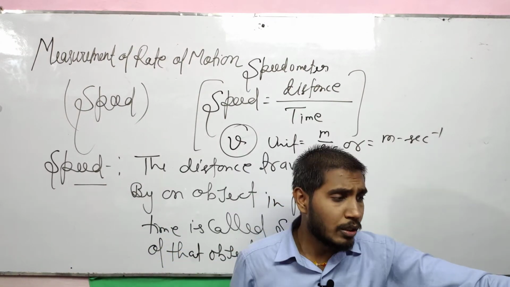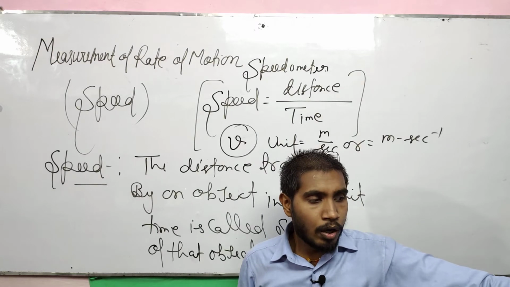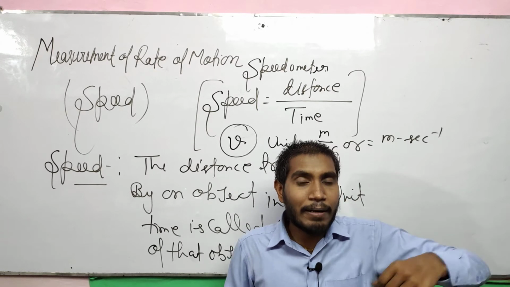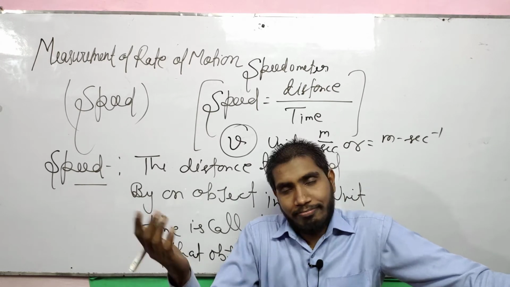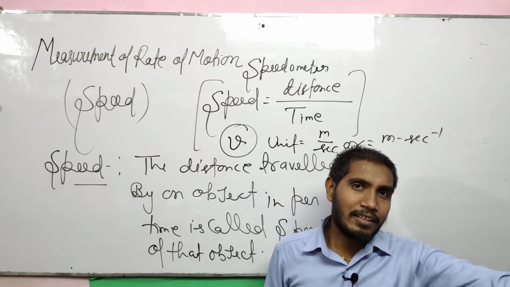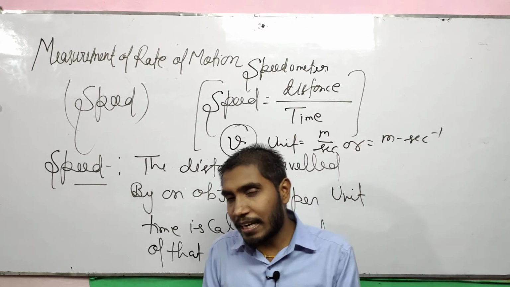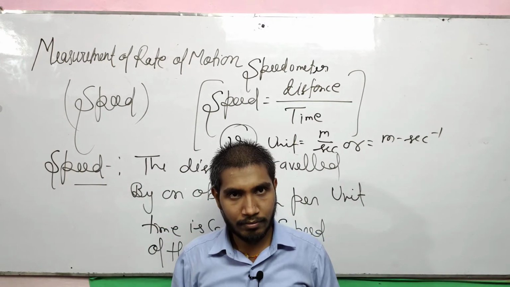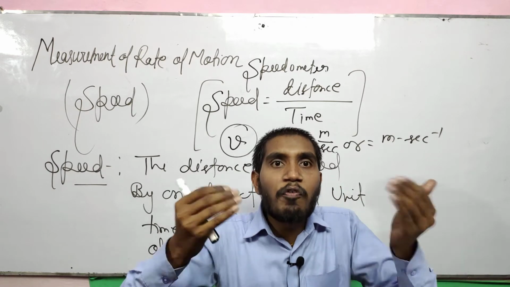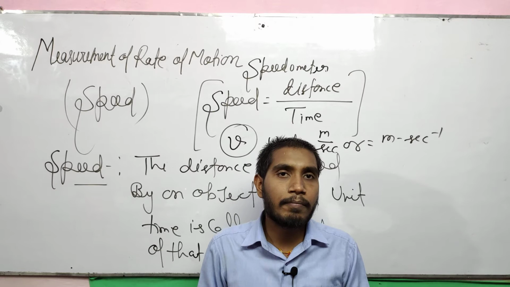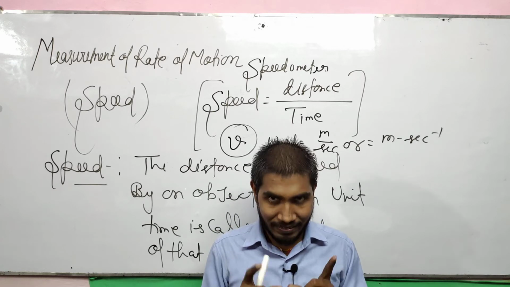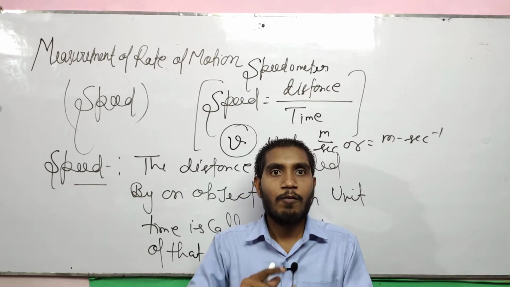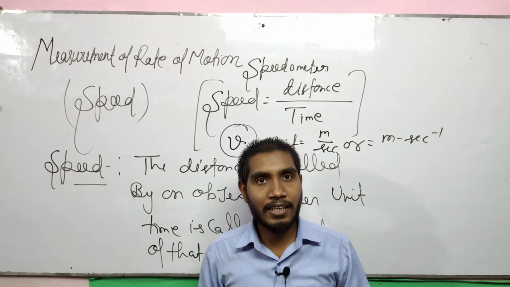I also want to tell you something else. Actually, beta, while we are traveling by car, what do we observe? We observe that sometimes the car is moving too fast and sometimes it is moving slow. On an open road, there is no crush, so we go fast.